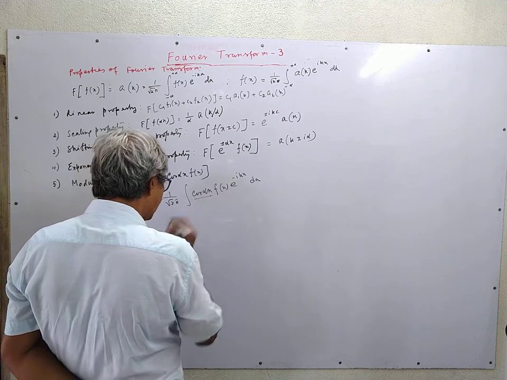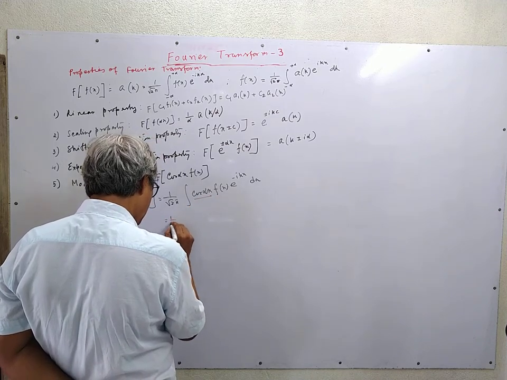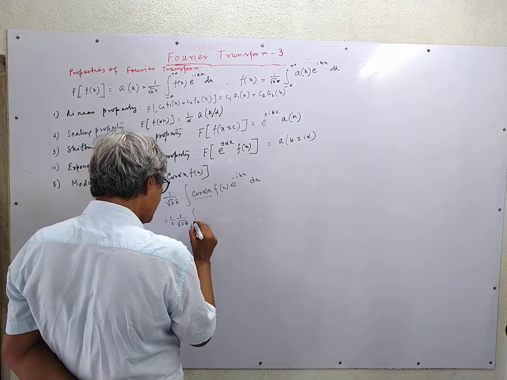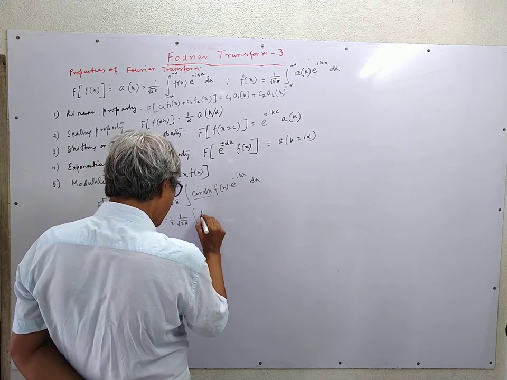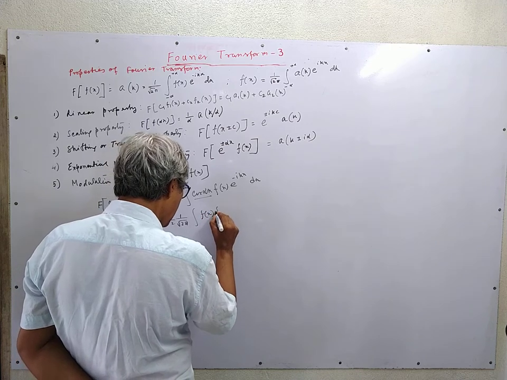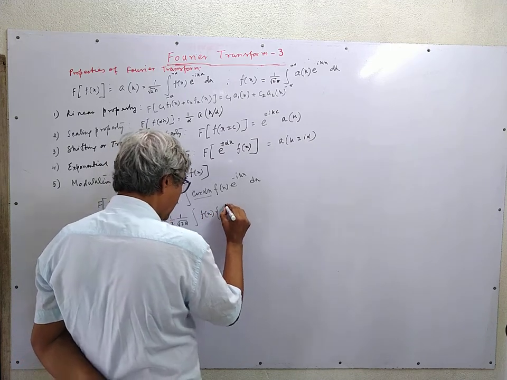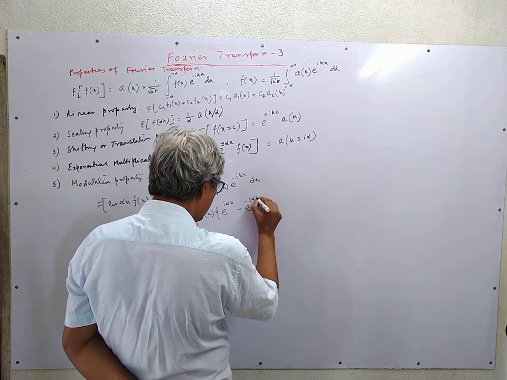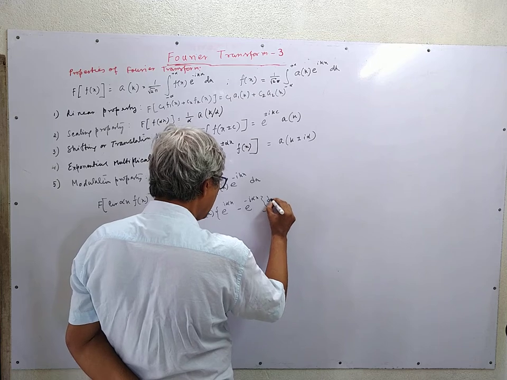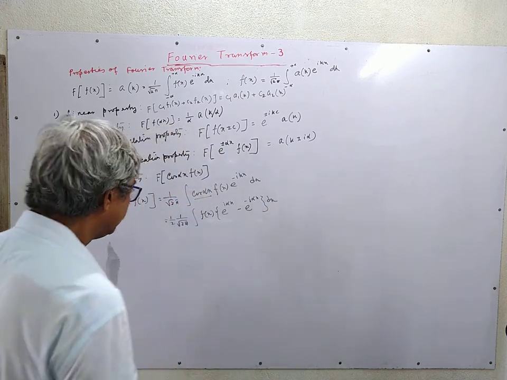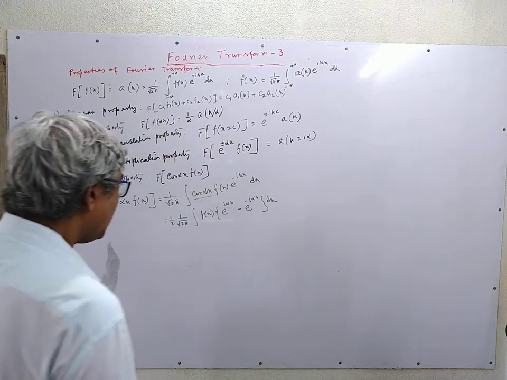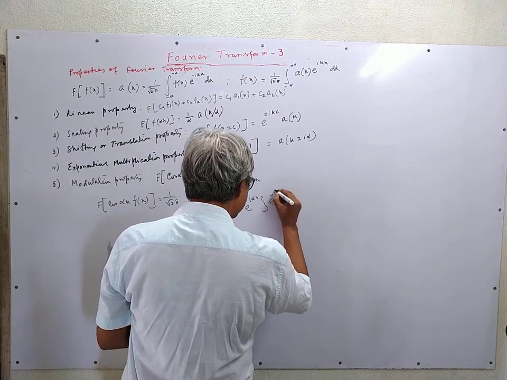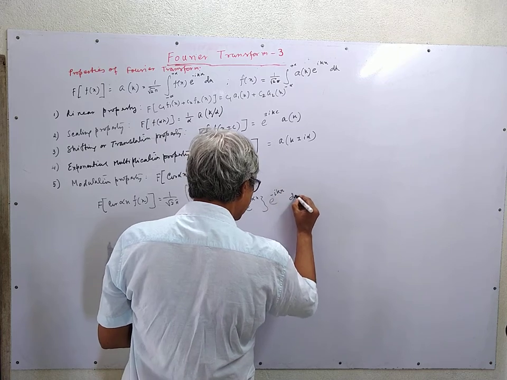Now we write this as, let me write first, dx. So what happens? Oh, sorry, e to the power minus ikx is missing. e to the power minus ikx dx.